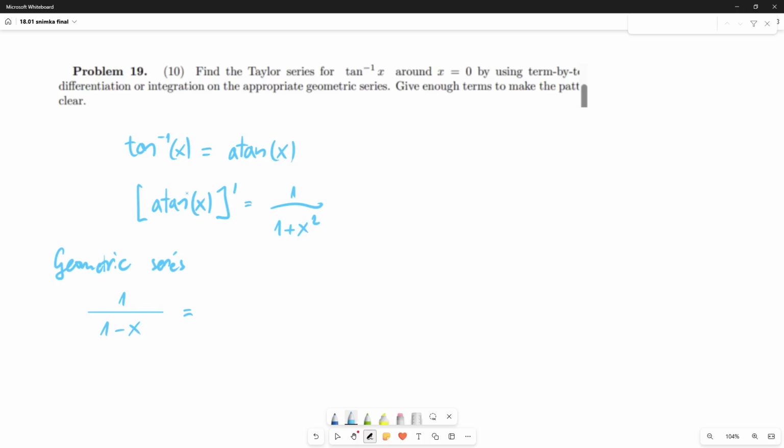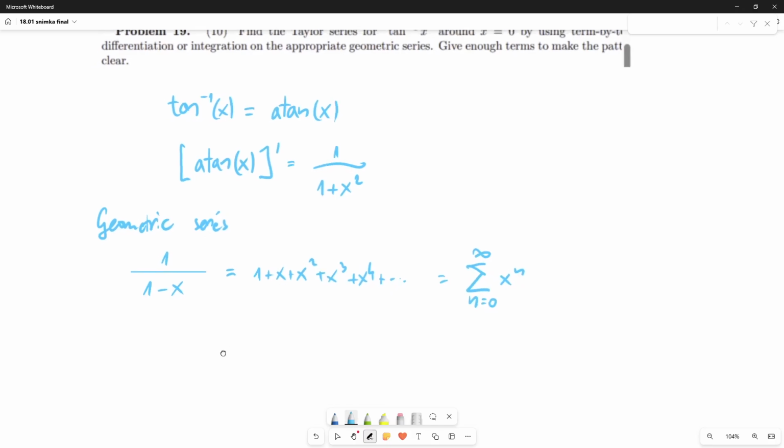And this is 1 plus x plus x squared plus x to the power of 3 plus x to the power of 4 and so on, and can be written down as an infinite sum of x to the power of n, where n goes from 0 to infinity. This is a geometric series.